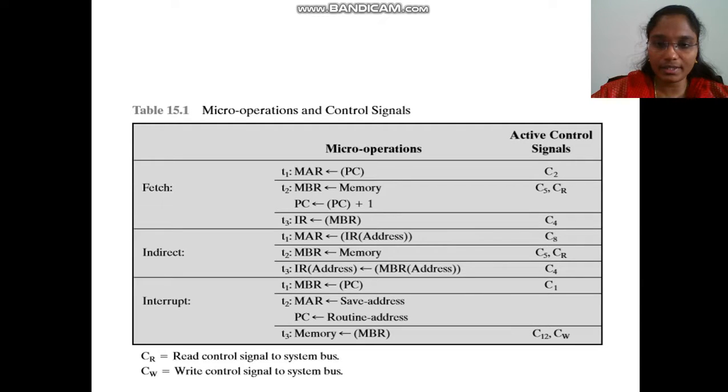For example, in the fetch cycle you can see that at time T2 there is a control signal called C5, and in the indirect cycle also, at time T2, we have the control signal C5.